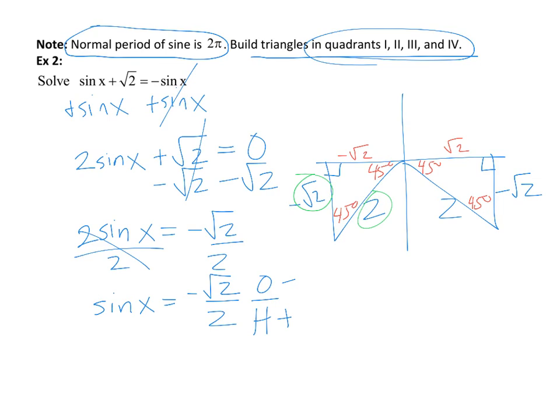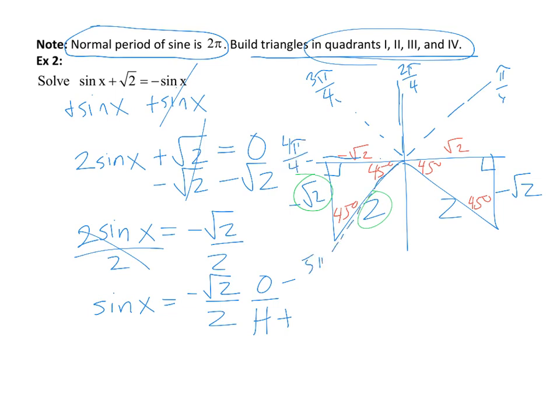Okay, so I'm moving by increments of 45 degrees, or in radians, pi over 4. So this is pi over 4. This is 2 pi over 4. This is 3 pi over 4. This is 4 pi over 4.